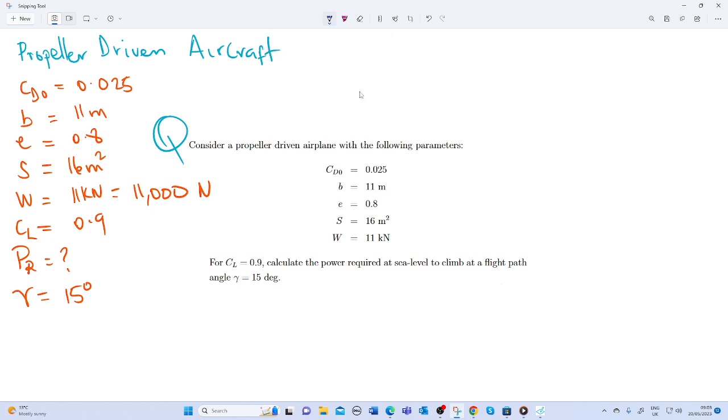Using the formula, CD is equal to CD0 plus CL squared over pi e AR. And our aspect ratio equals b squared over S, that is 11 squared over 16, which will give us 7.56.